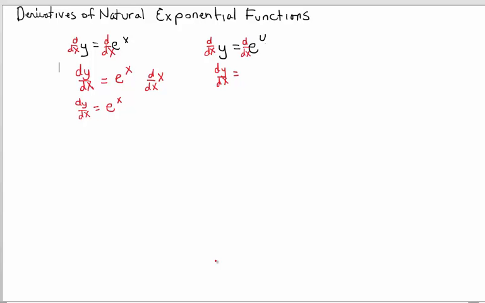Instead, the answer for this derivative contains the problem, e to the u, times the derivative of the inside function, which is the exponent, the derivative of u with respect to x, times the natural log of e.